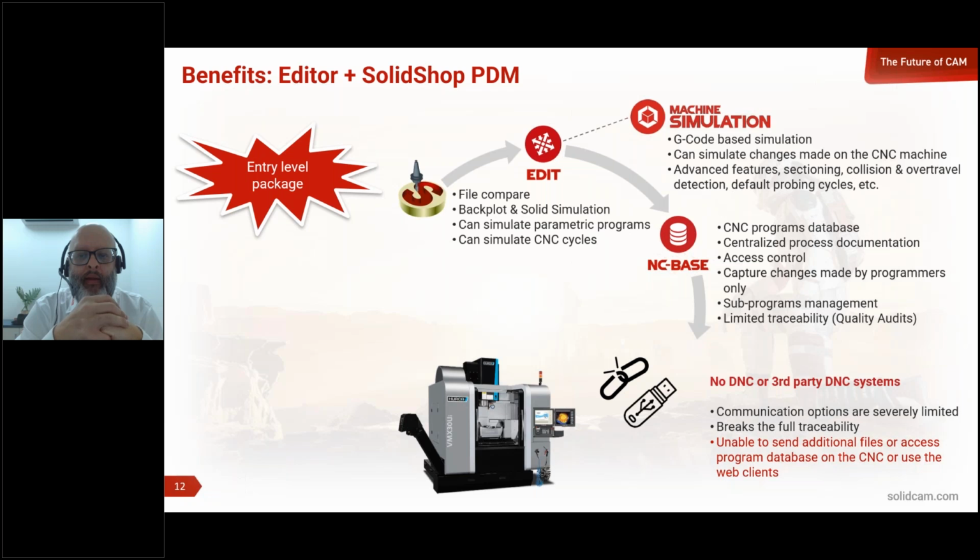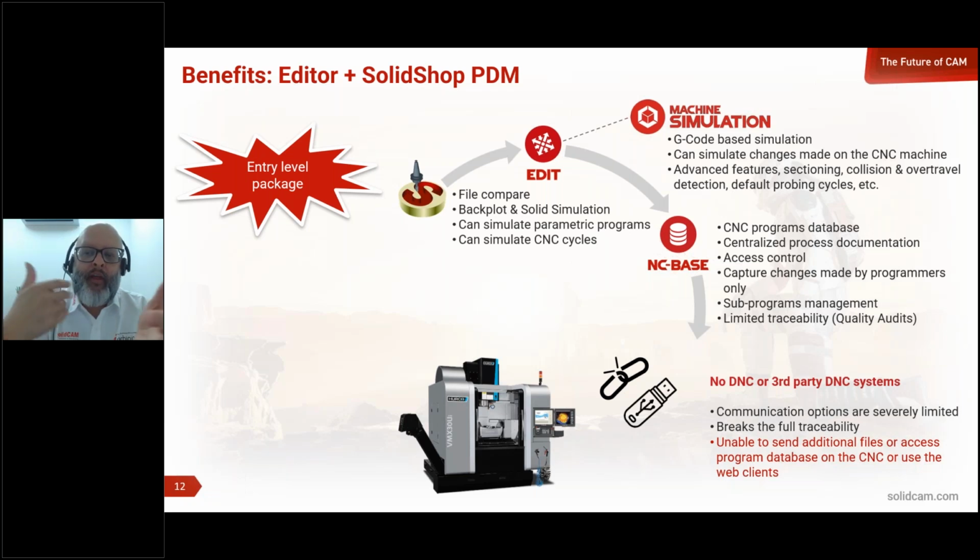If you have machine simulation, like I said, that's a plugin, an add-on, an extra that is sold as an additional module. I can tell you right now that the starting price for a VeriCut seat that can parse and simulate G-code starts around $20,000, something like that. Services not included, and we are selling this for a seventh of that. That's the suggested price. So not every customer needs VeriCut, but most customers need something like this G-code based simulation.